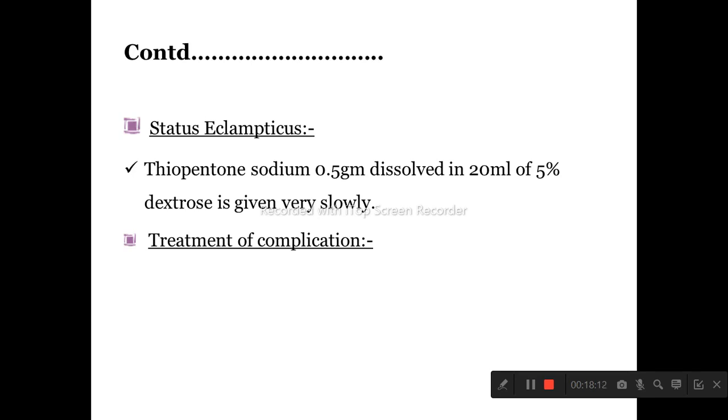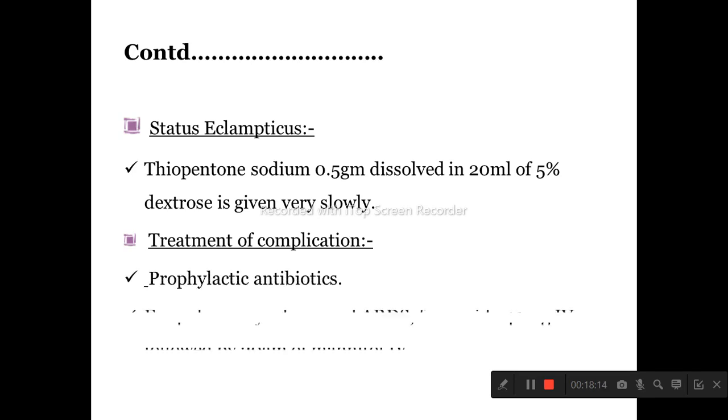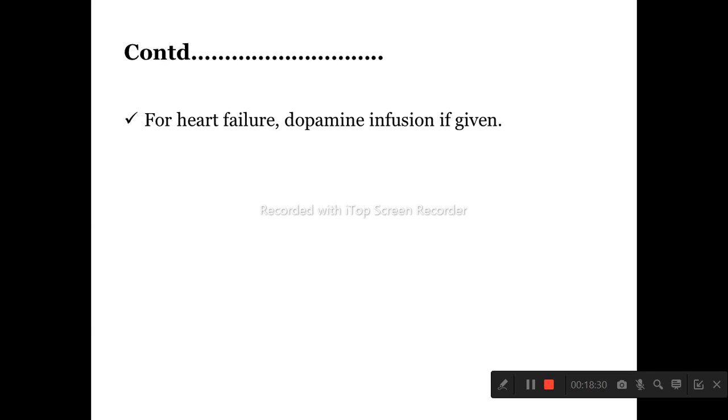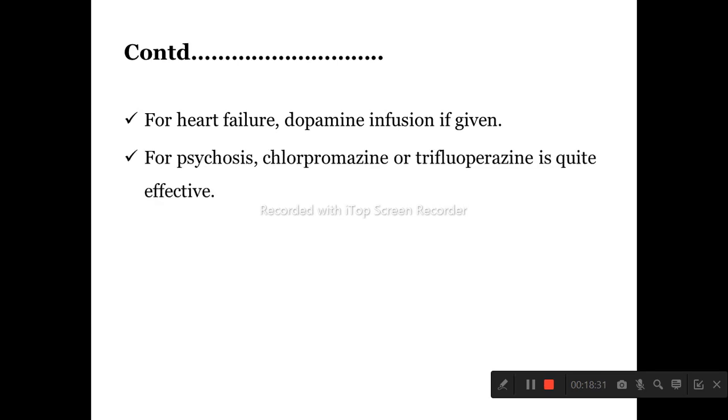Treatment of complications: prophylactic antibiotics we can give, and for pulmonary edema and ARDS, furosemide 40 mg IV followed by 20 mg IV we can give. For heart failure, dopamine infusion is given. For psychosis, chlorpromazine and trifluoperazine are quite effective.